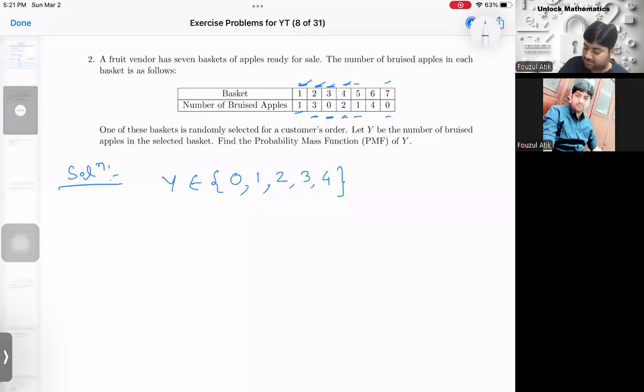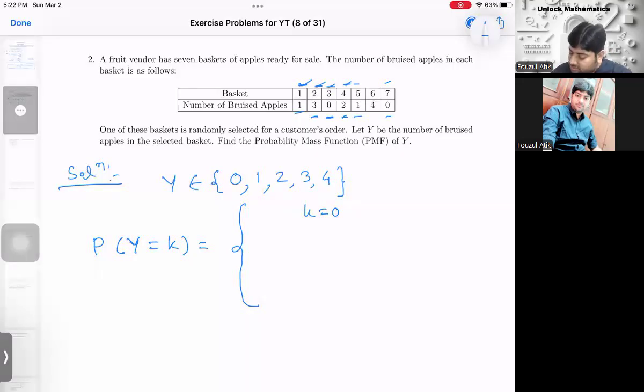Now how to find the probability mass function? You look at P of y equal to some number k, small k. What is this probability? It depends on which k value we have. If your k value is 0, that means zero bruised apples, what is the probability of that?